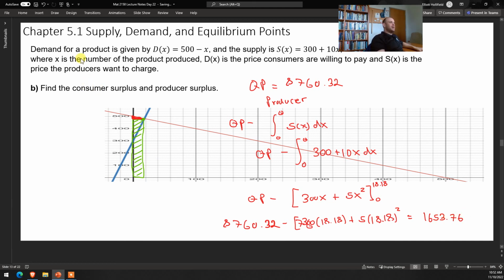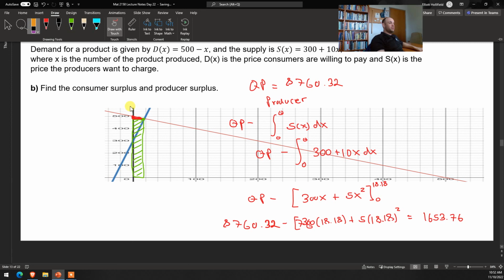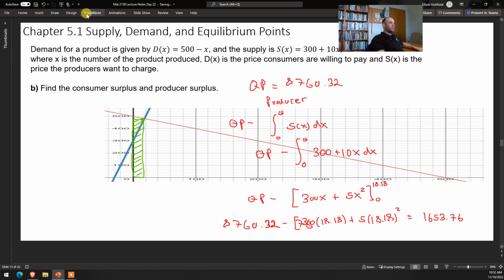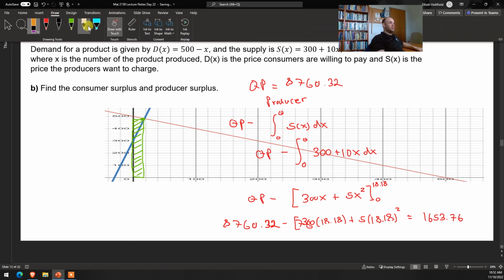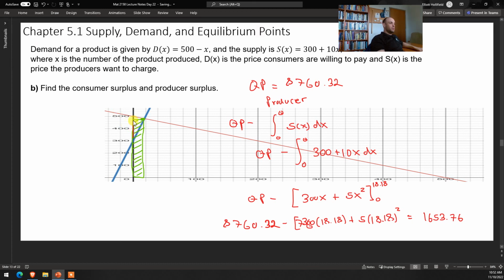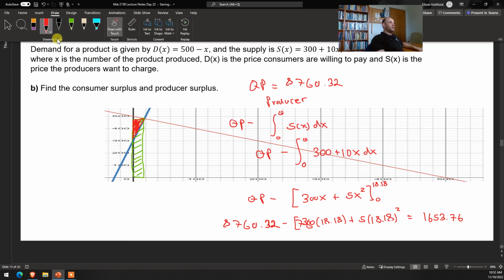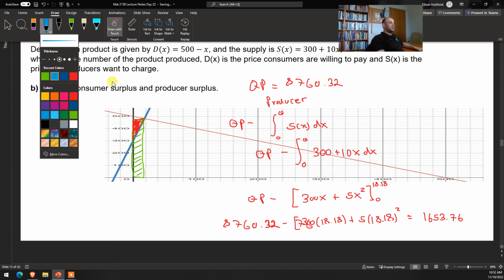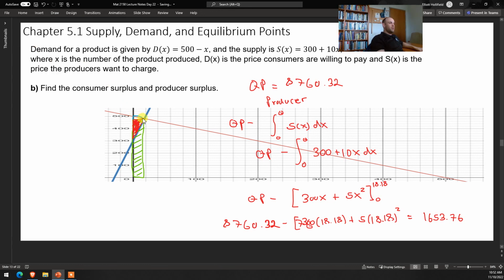Now let's play the same game and find our consumer surplus. Let's make sure we adjust our picture to correspond with the color. What we just found was the area of this shaded region. Now what we'll find will be the area of this shaded region.